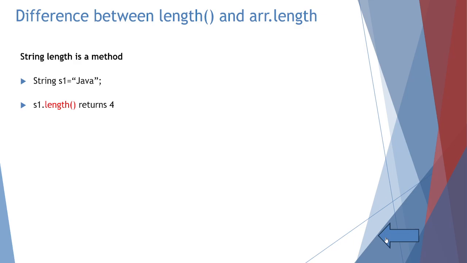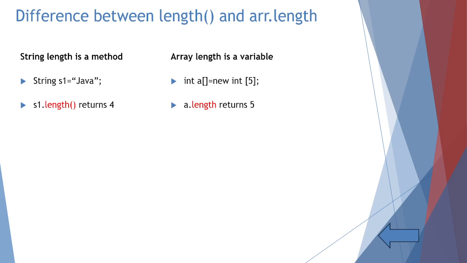This is a method, with parentheses. Whereas in an array, let's assume we have created an array, int a[] = new int[5]. 5 is the maximum length, and this 5 is stored in a variable, not a method. So a.length returns 5.